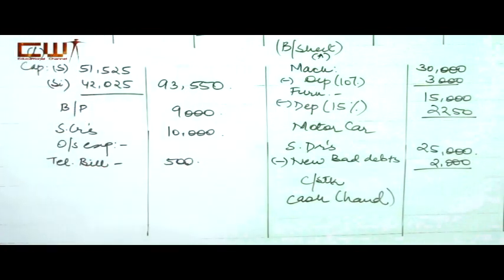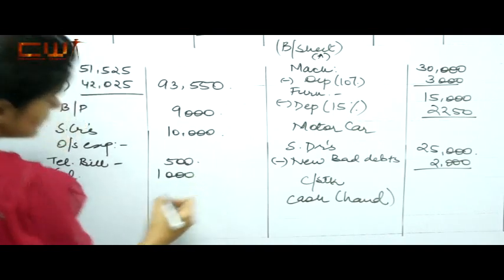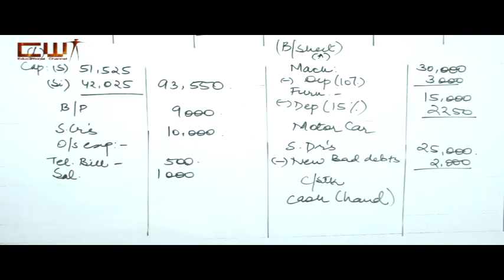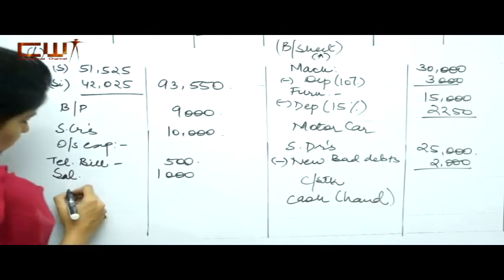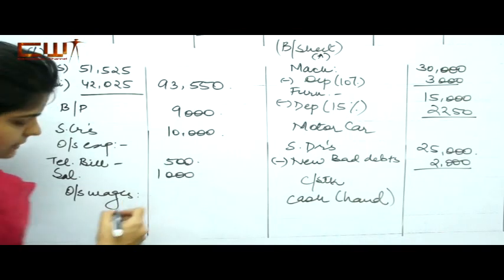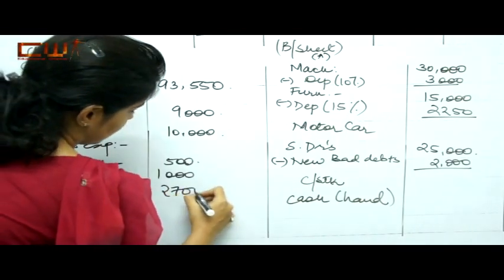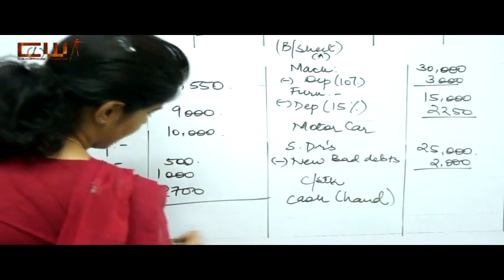Right? What next you had? Salaries you had for 1,000. See, on the credit side you have also been given outstanding wages, so that you will take it only once. So you have outstanding wages written separately. So that is how much? 2,700. Right?